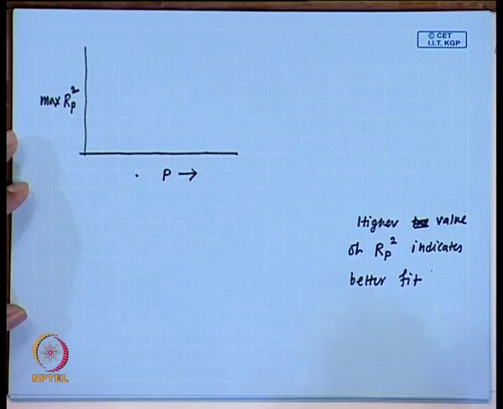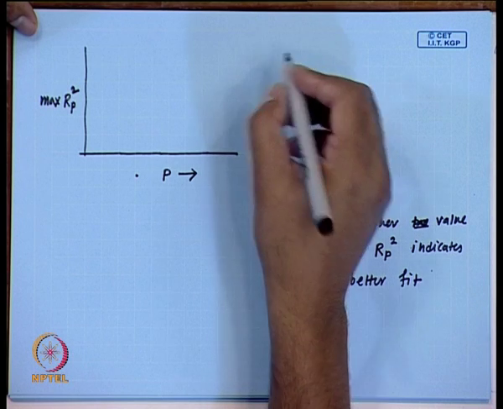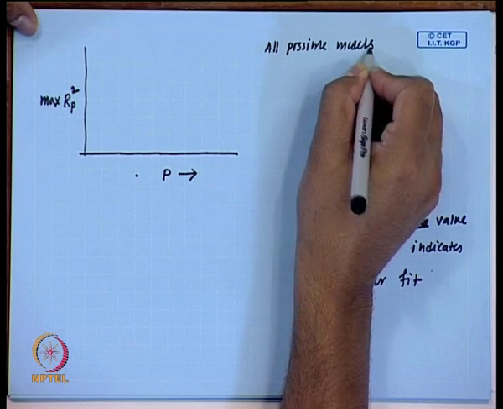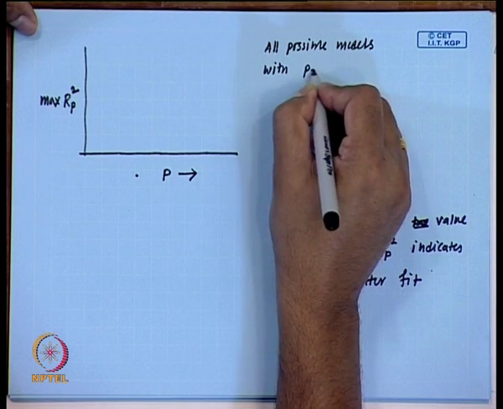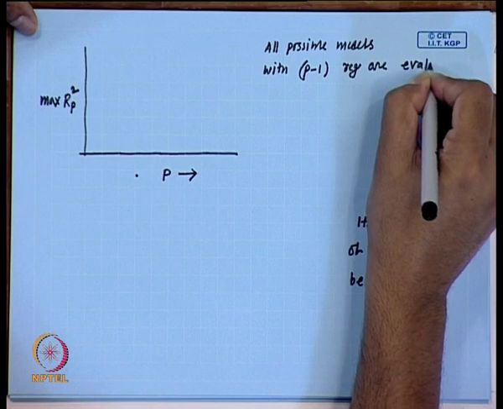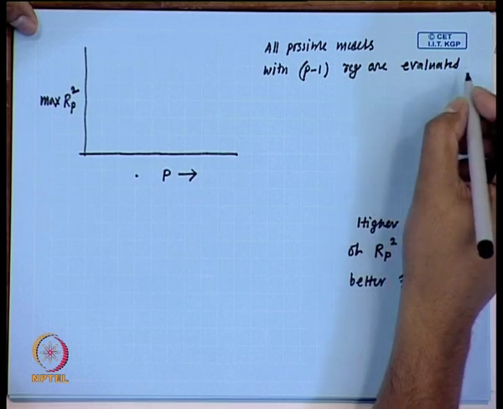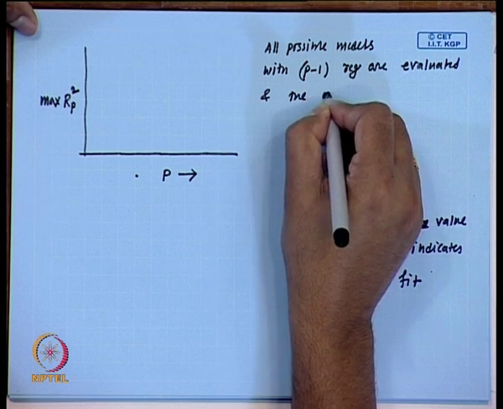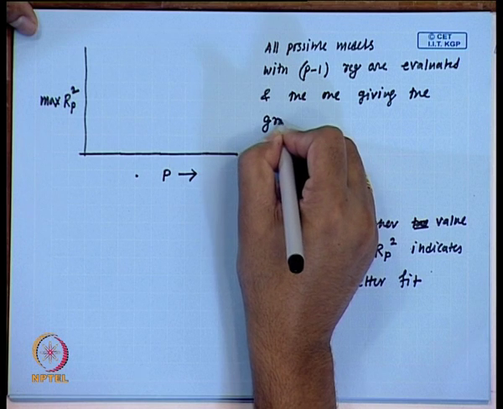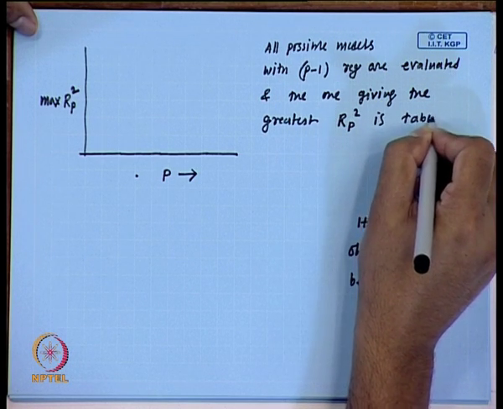Well, so what we do in this graph is that all possible models with p minus 1 regressors are evaluated using the criteria, coefficient of multiple determination, and the one giving the greatest R p square is tabulated.